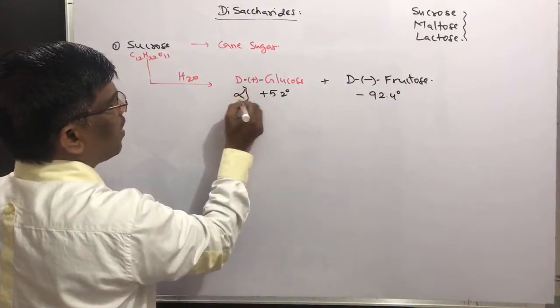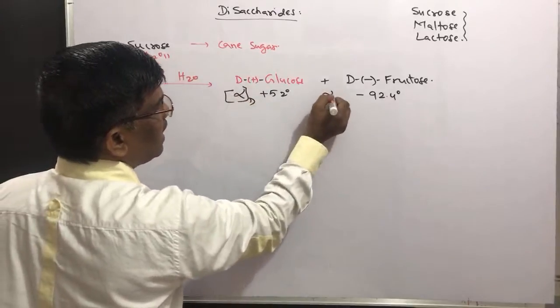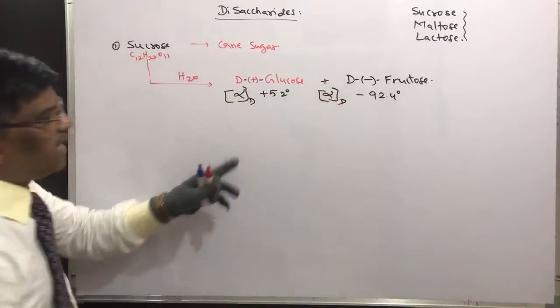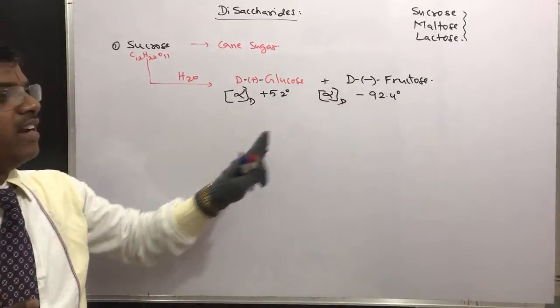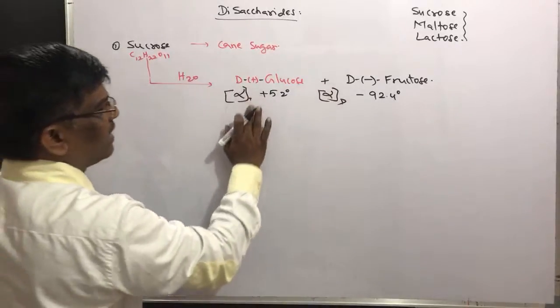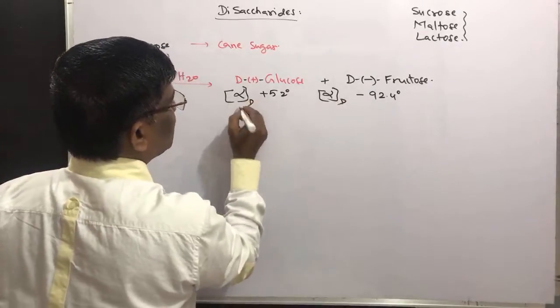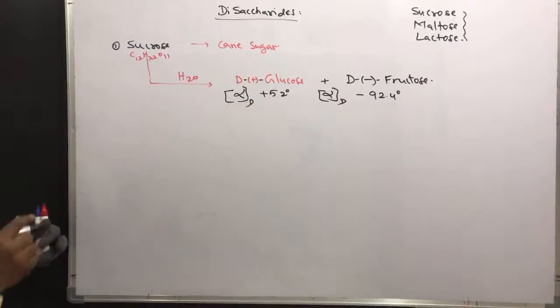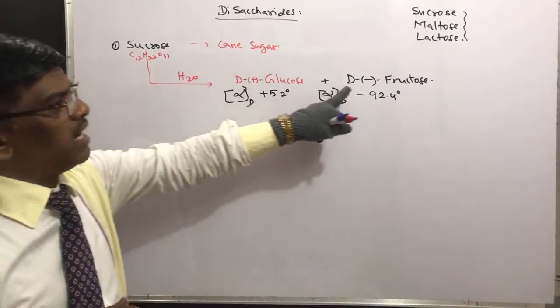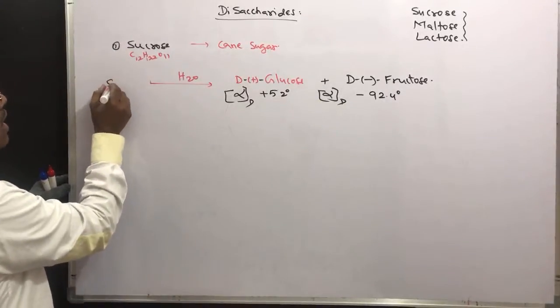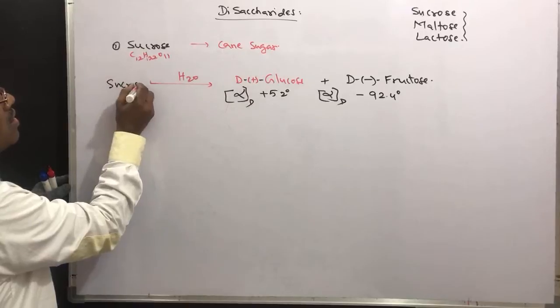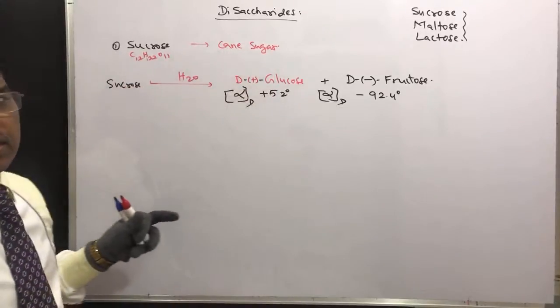It is alpha D. This D, what I am writing, is sodium light D. It is different from this D. Okay, don't worry. So for optical rotation, I should write alpha D. Anyhow, D plus glucose and D minus fructose. Sucrose upon hydrolysis gives this glucose and fructose.